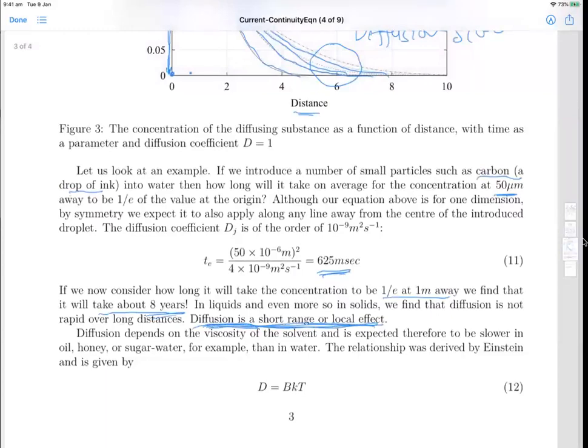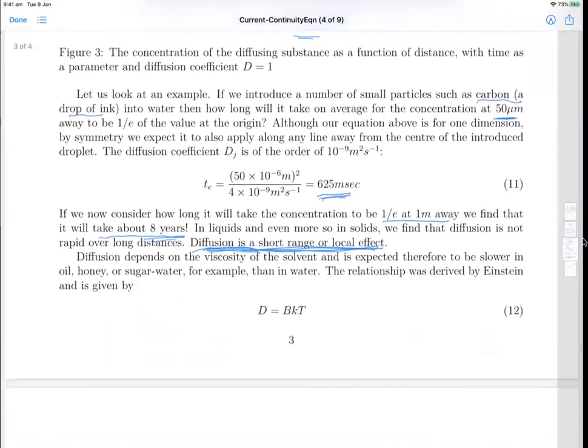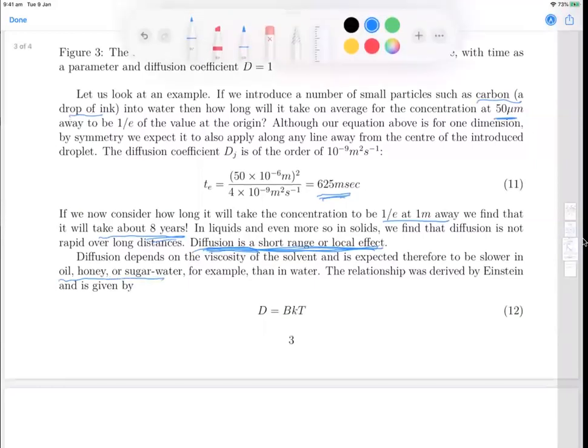Now, this diffusion, you might expect, depends on the diffusivity or viscosity of the material. And so if we don't use water, we use something like oil or honey, then we expect that the rate of diffusion would be even less. This is true, and this relationship was in fact derived by Einstein.